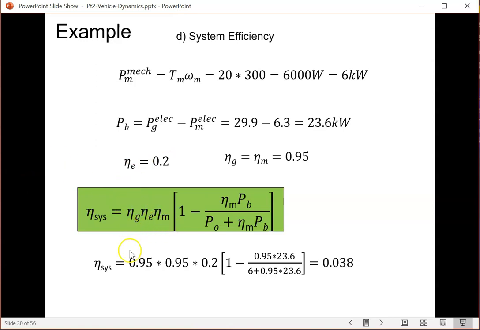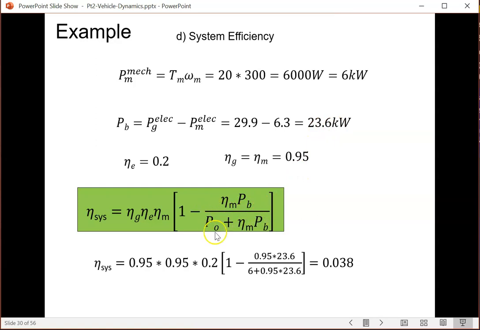We all know these values: 0.5 for eta G, 0.5 for eta M, 0.2 for eta E. And in the bracket, that's 1 minus eta M, which is 0.95. PB is the power of the battery, which is 23.6.